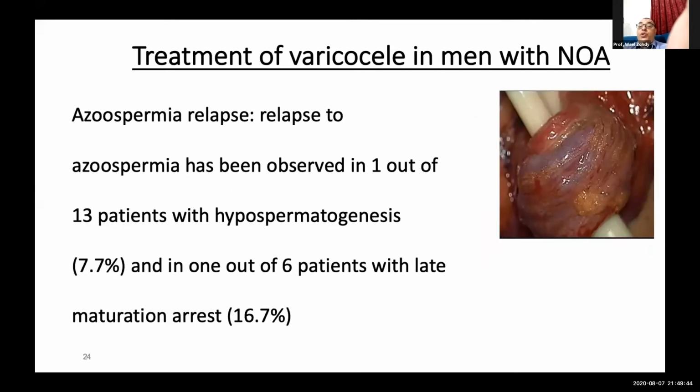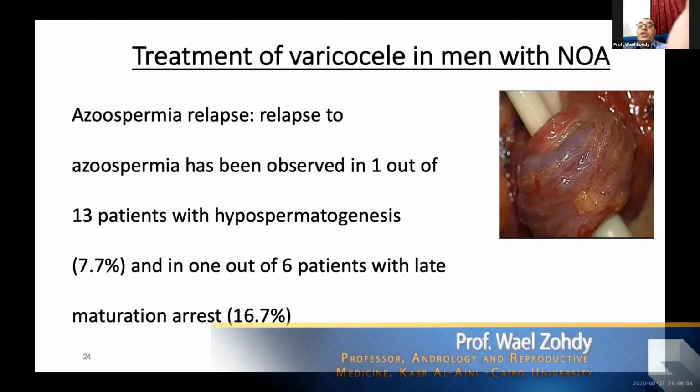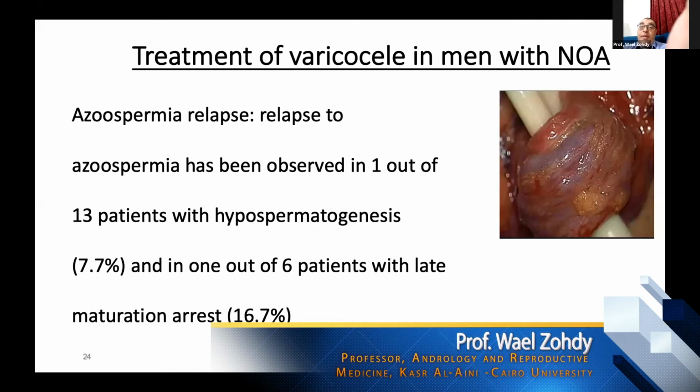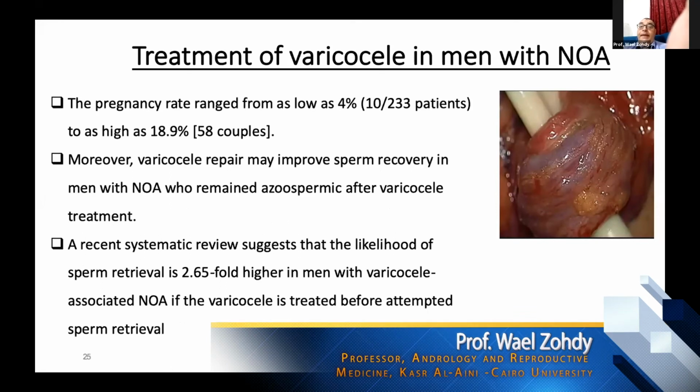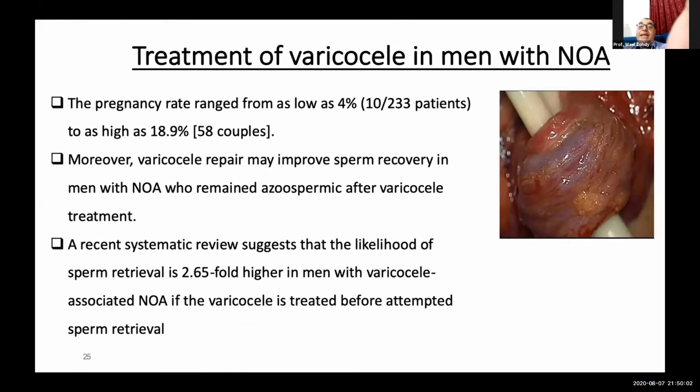Azoospermia relapse also is not uncommon. 7.7% of men with hypospermatogenesis may relapse to azoospermia, and almost 70% of men with maturation arrest may relapse to azoospermia. Next. The pregnancy rate ranged from as low as 4% to as high as 19%.